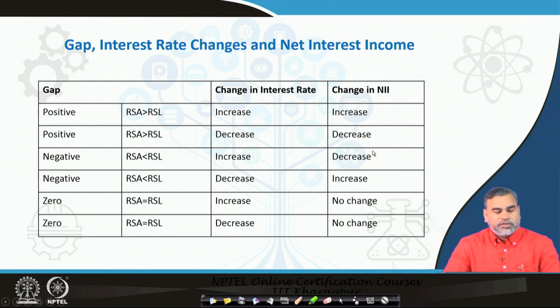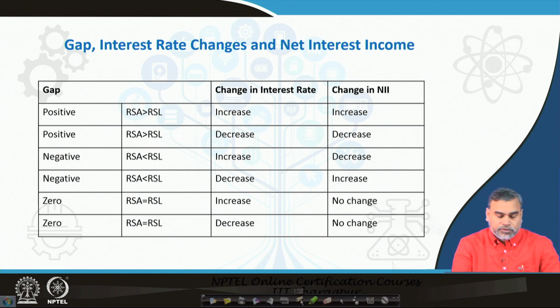Then, if you summarize the different scenarios, let this gap be positive. We have just seen that if the gap is positive, that means your rate sensitive assets are more than the rate sensitive liabilities. If the interest rate increases, then your NII will increase.